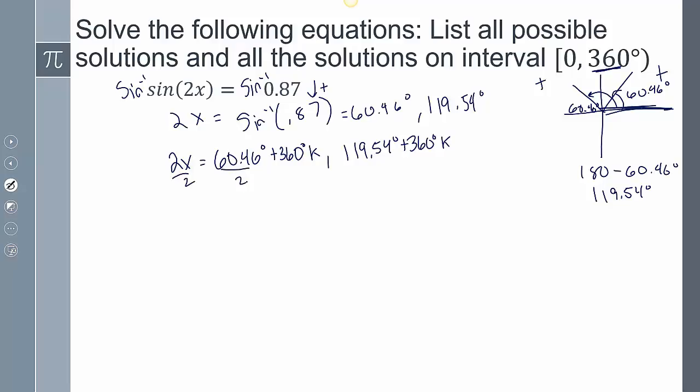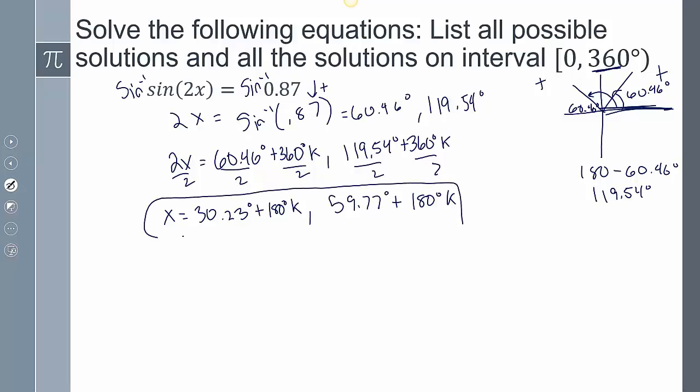So dividing everything by 2, I'm going to get x equals 30.23 plus 180 degrees k. And then entering the 119.54 into your calculator, divide that by 2, you're going to get 59.77 degrees plus 180 degrees k.